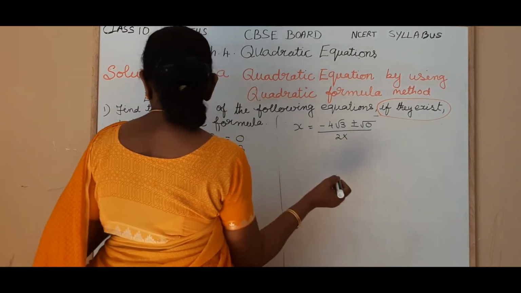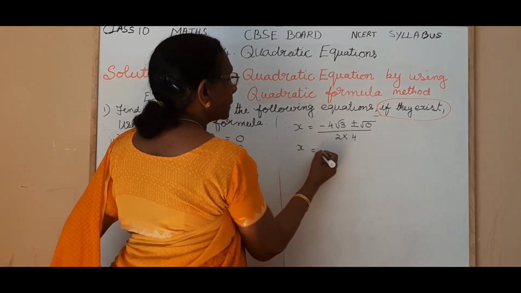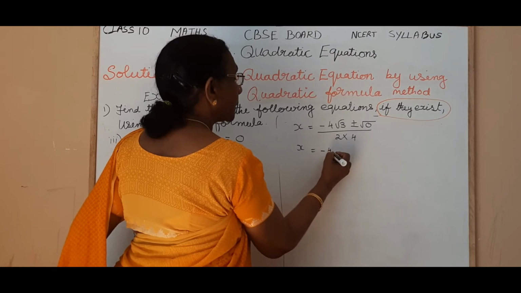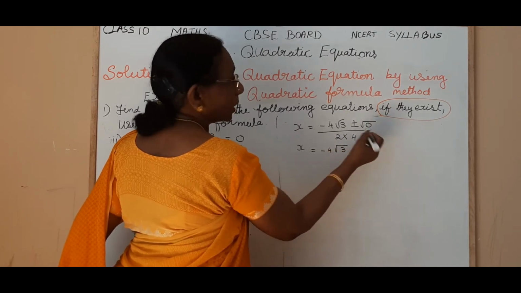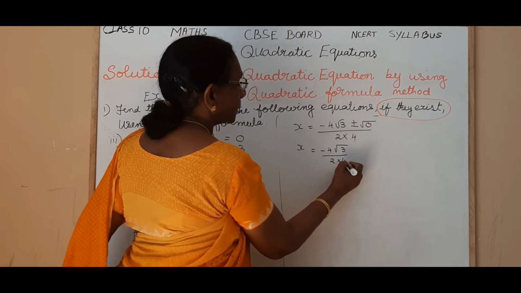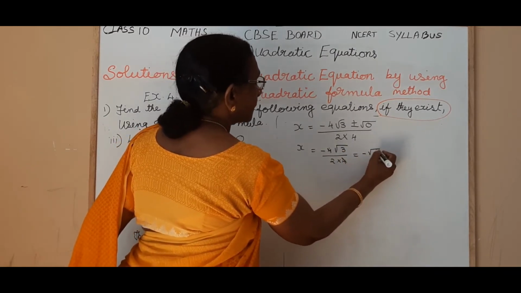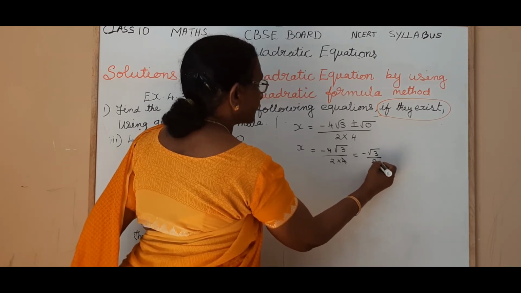2 into 4. So x is equal to minus 4 root 3, root of 0 is 0, by 2 into 4. 4 and 4 get cancelled. So minus root 3 by 2.